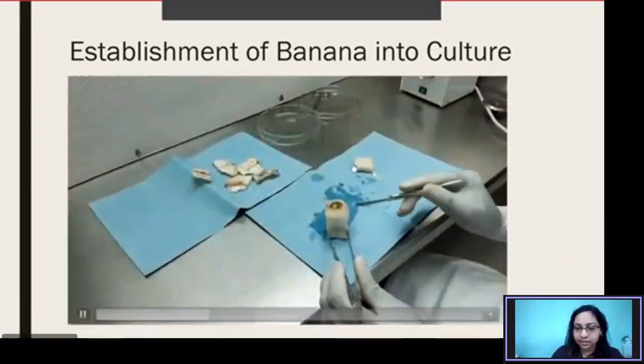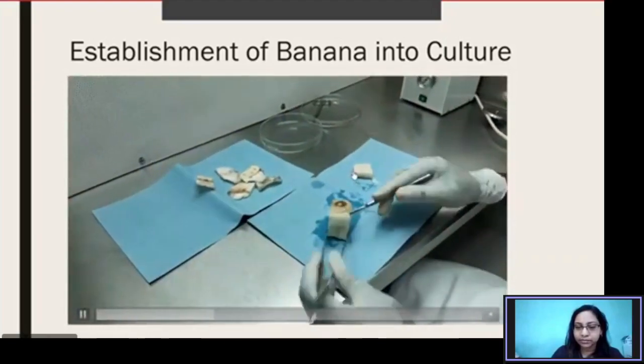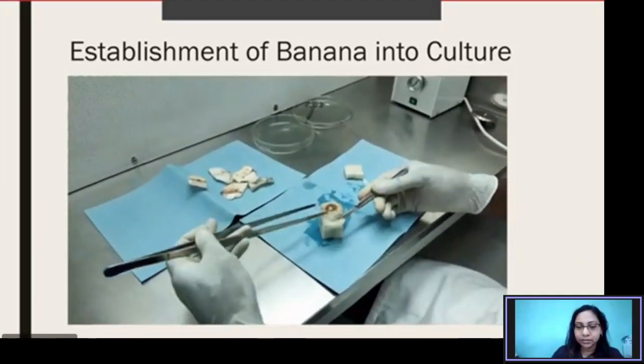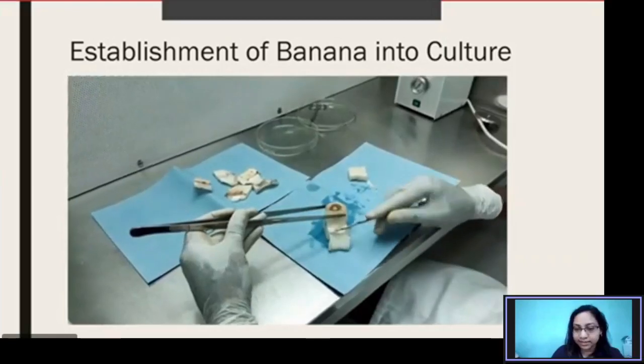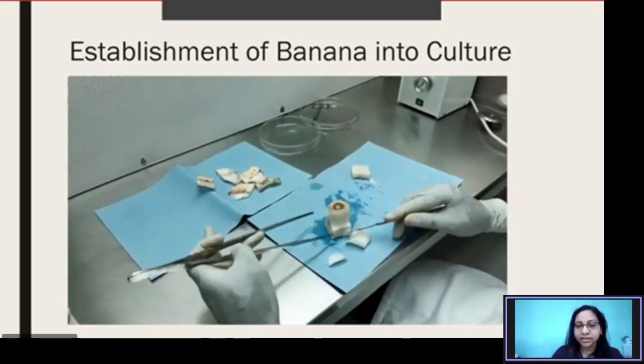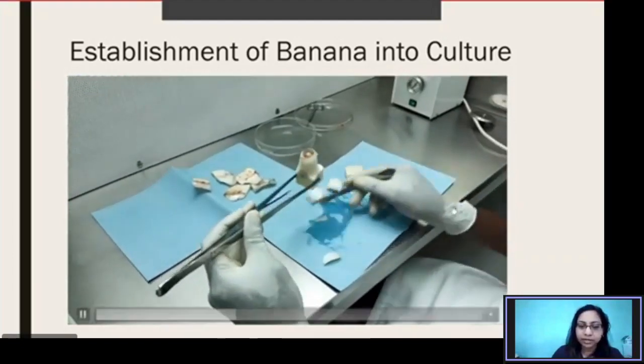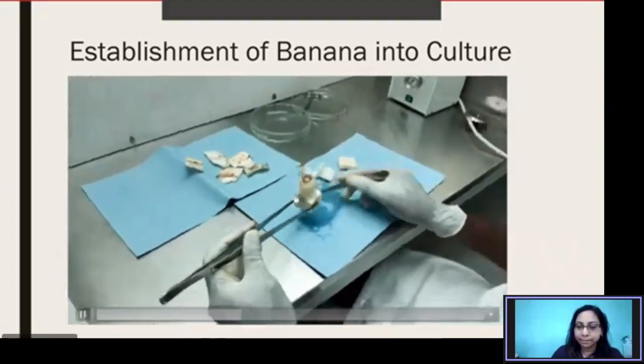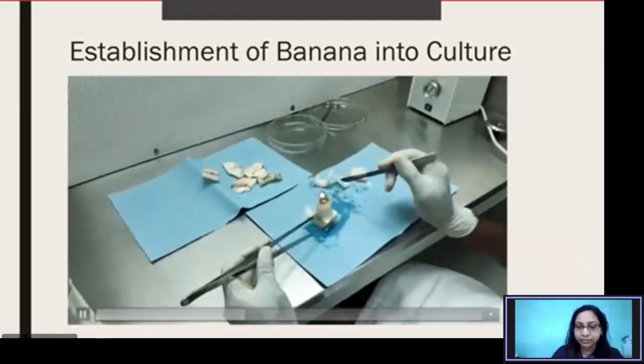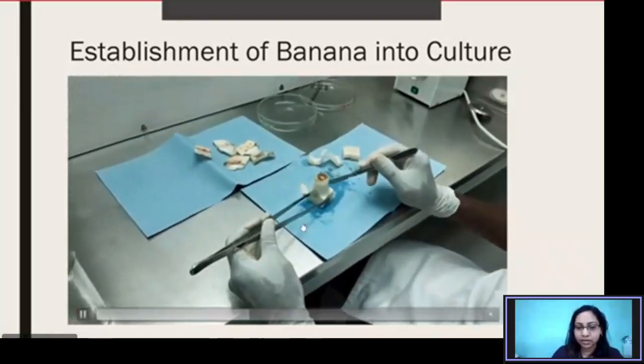This next step is the peeling back of the pseudostem. These tissues would have been damaged by the sterilization procedure. So the final product that you want would be healthy tissue free from any microorganisms.